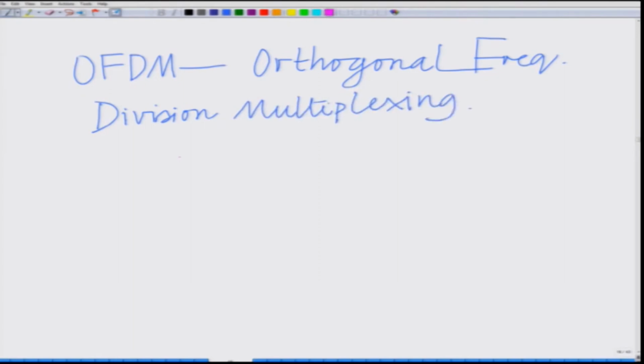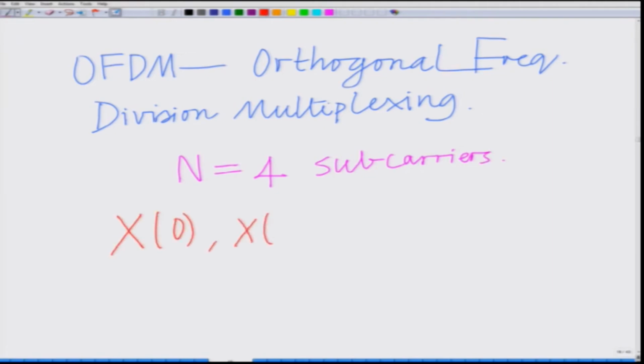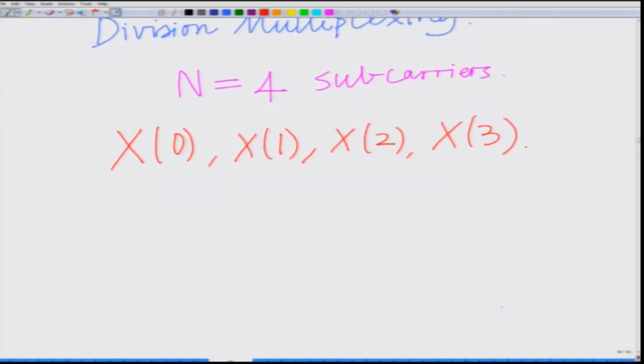division multiplexing, and we are considering, as an example, a system with n equal to 4 subcarriers, and we said that x0, x1, x2, x3, these are the n equal to 4 symbols loaded onto the subcarriers.